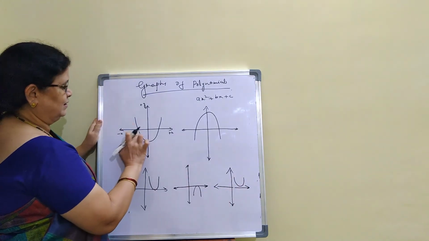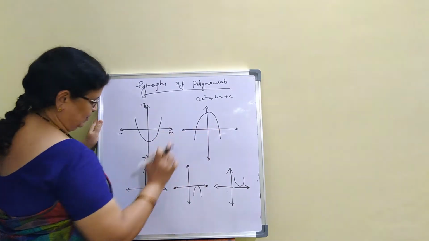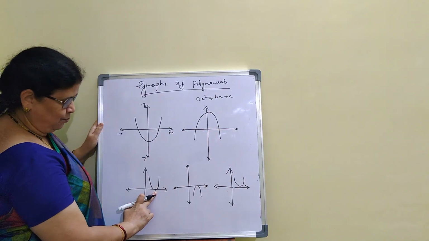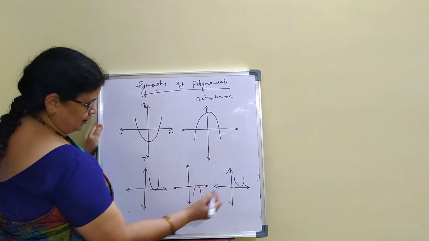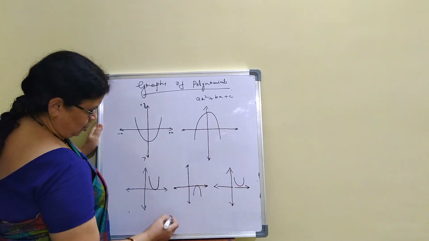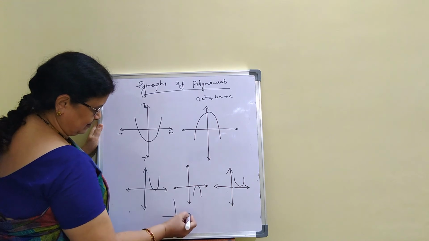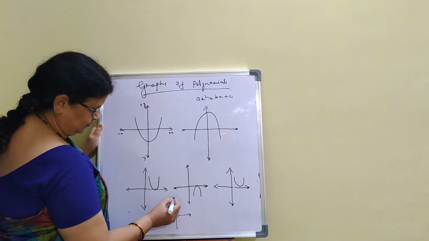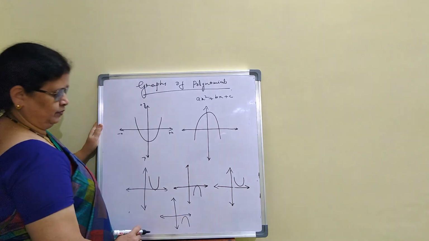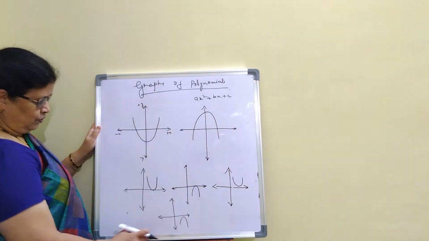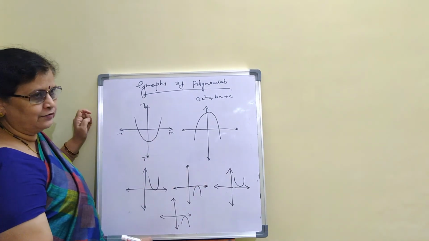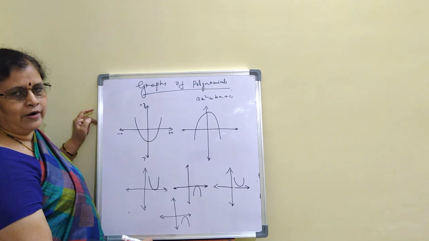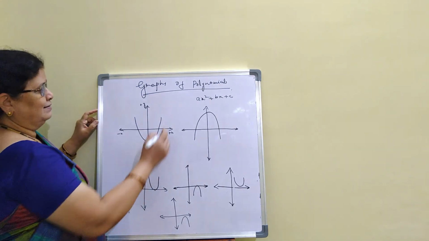Observe here, touching the x-axis at 2 points, touching the x-axis at one point, not at all touching the x-axis, and one more case, it can be here also. So like this, we get different types of graphs for a quadratic polynomial.